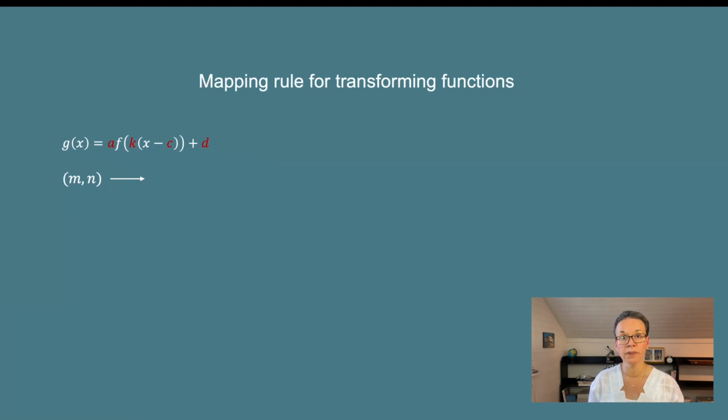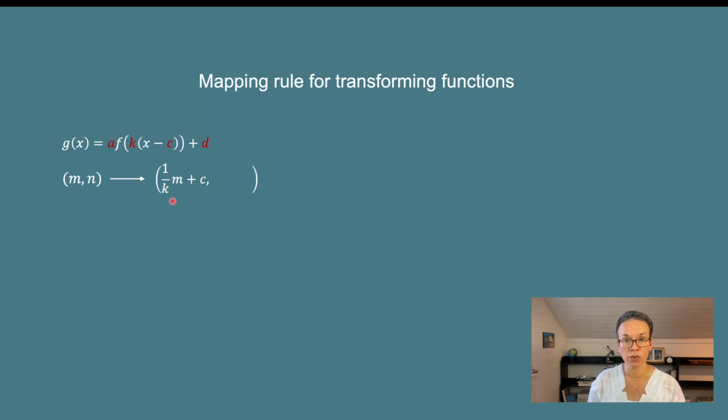In order to obtain the coordinates of the new point on the transformation, often called the image point, we then apply the parameters to the original point (m, n) as follows. We multiply m by the reciprocal of k, right here, and we add c to this product.